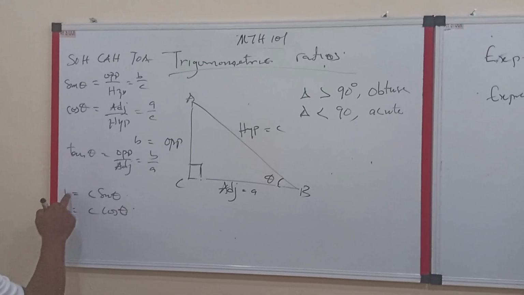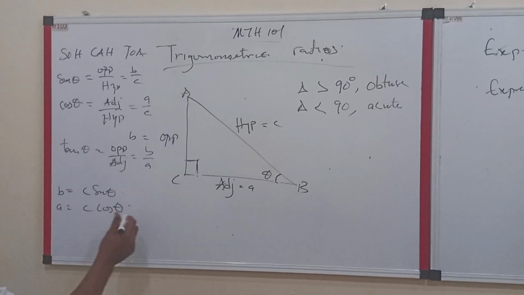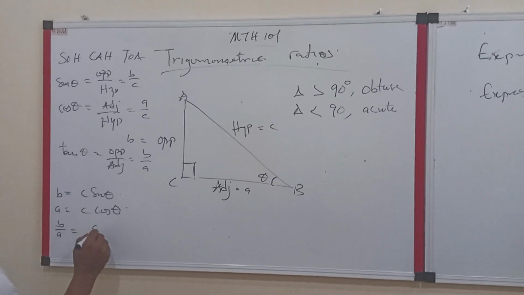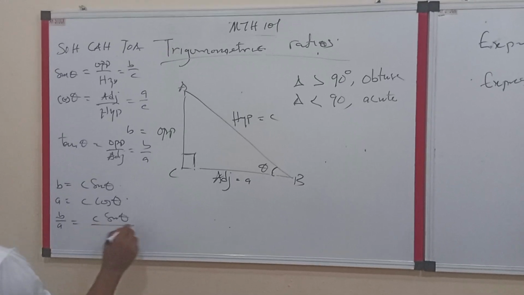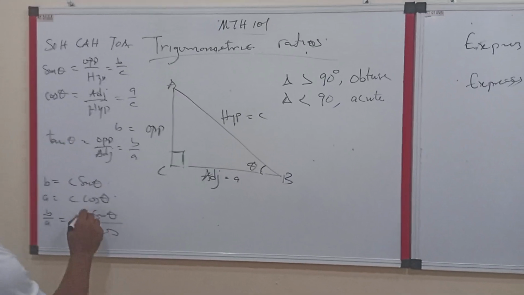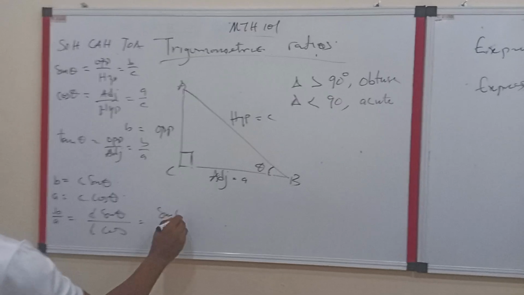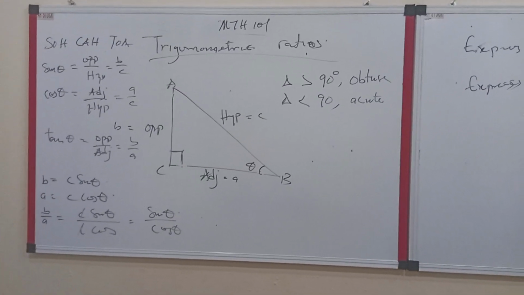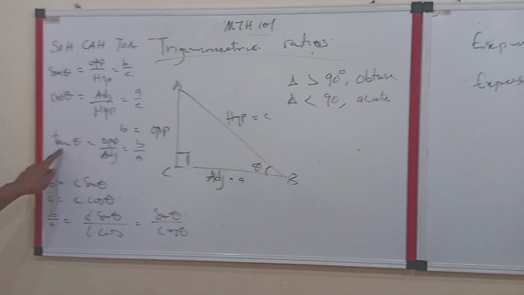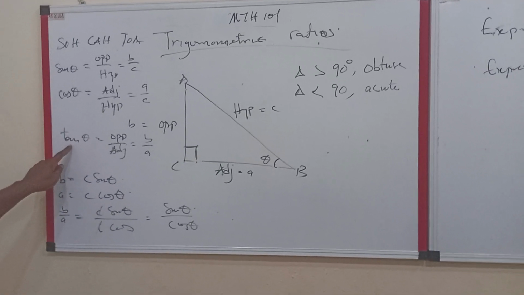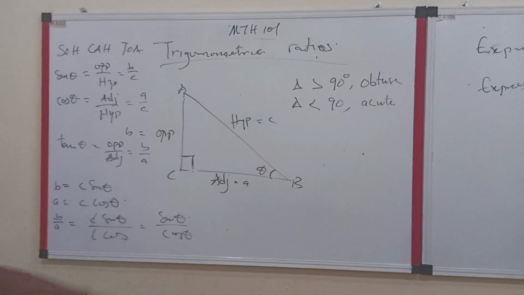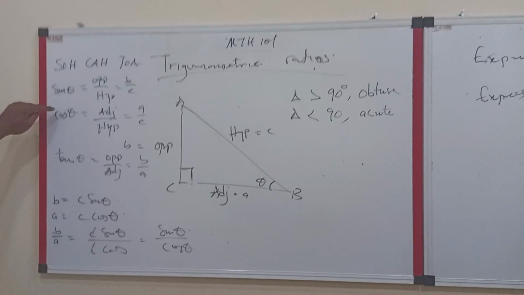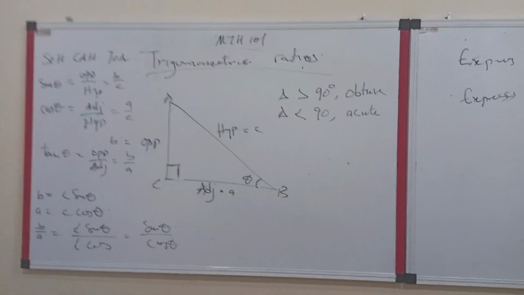So B over A, as we have here for that of tan, therefore gives you C sine theta all over C cos theta. The C's cancel off, and you have sine theta all over cos theta. So tan, in a nutshell, can also be written as sine theta all over cos theta. Now, we have three of them. One is sine, one is cos, and the other one is tangent.